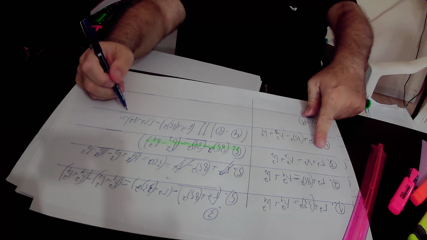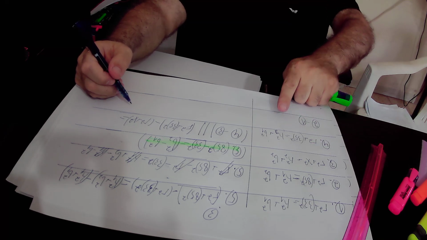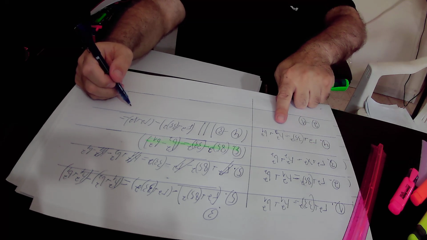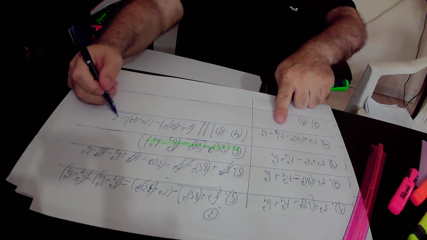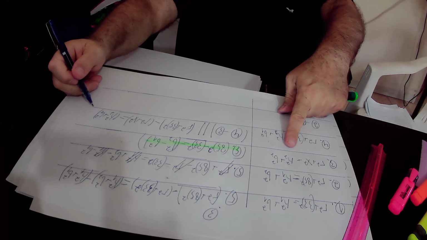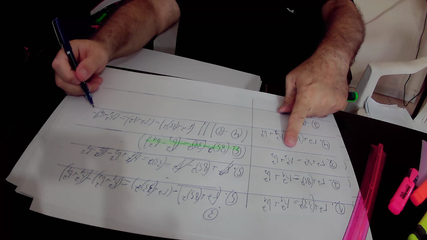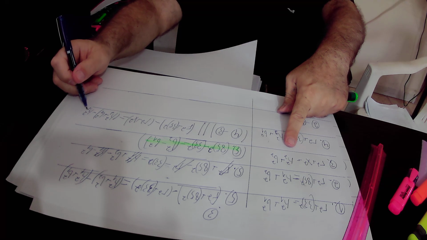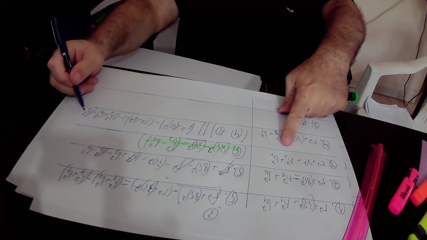That is equal to the other side of equation number 4, h2 squared plus b1 squared, minus this side of equation number 3, h2 squared plus b2 squared.